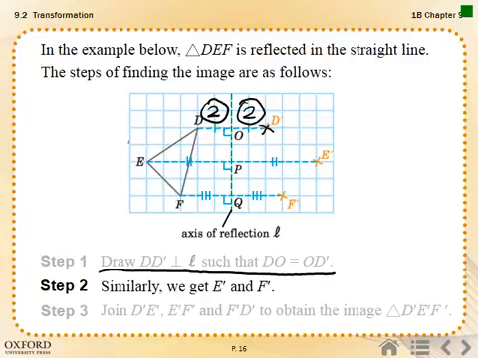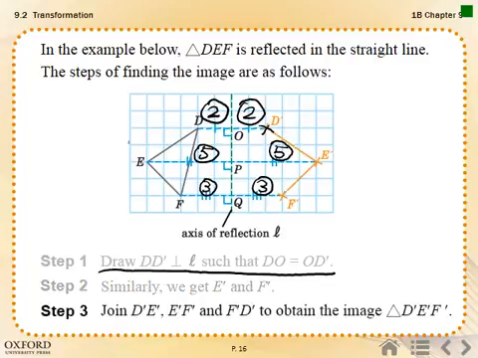The distance between E and P is 5 units, and so we find a point E' such that PE' is also 5 units. FQ is equal to 3 units, and so we find QF' is also 3 units. And finally, we have to join these 3 points together.